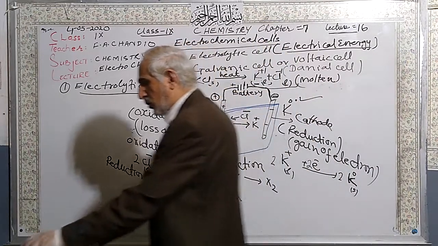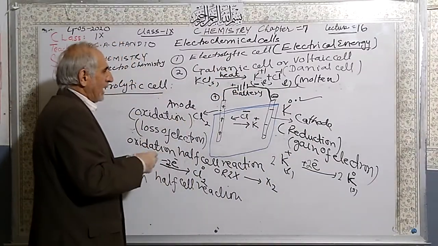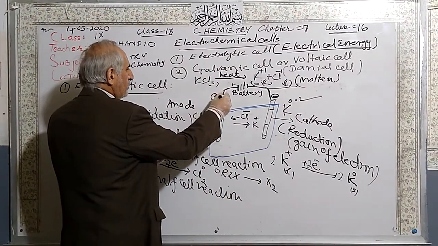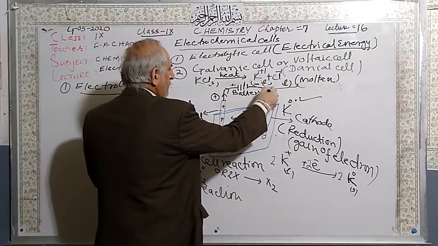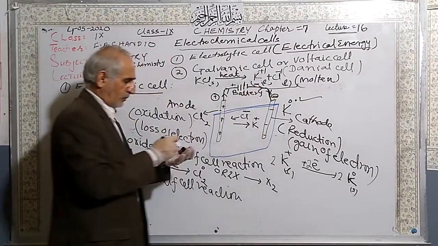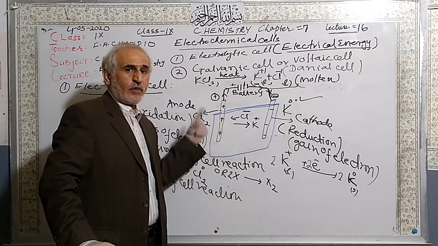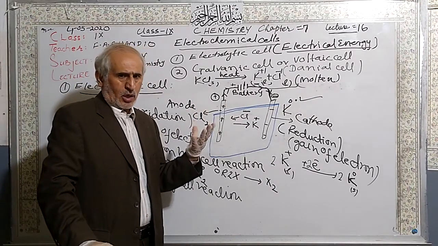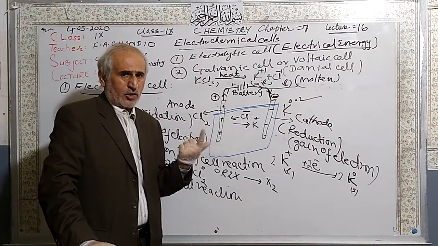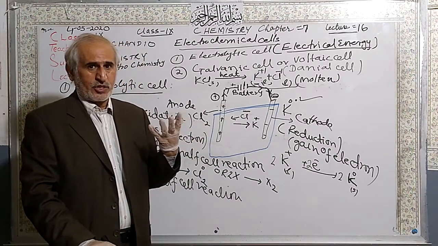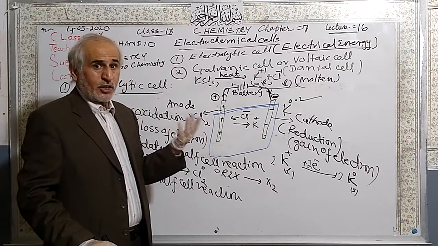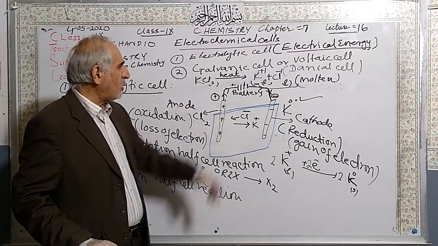And there is one thing very important, that electron flows from anode to cathode. Flowing of electrons. Dear students, when you are going to show the flowing of electrons, mostly the examiners ask you question. Direction of flow of electrons from anode to cathode.